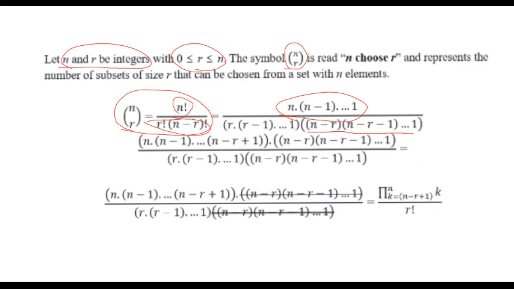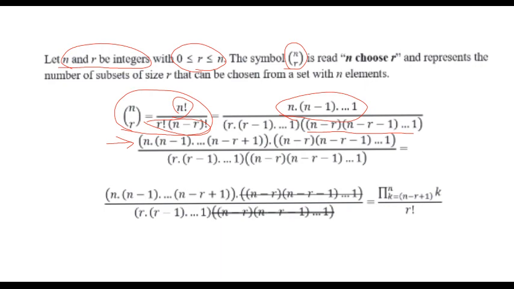So the next step, I'm going to separate the numerator into two parts. You see, in the numerator we have multiplication of all the numbers from 1 to n. So I'm going to divide this product into two parts.